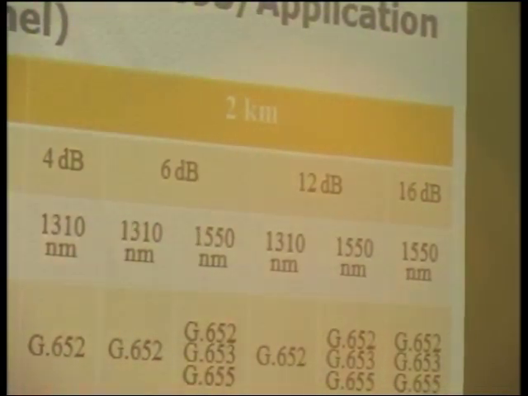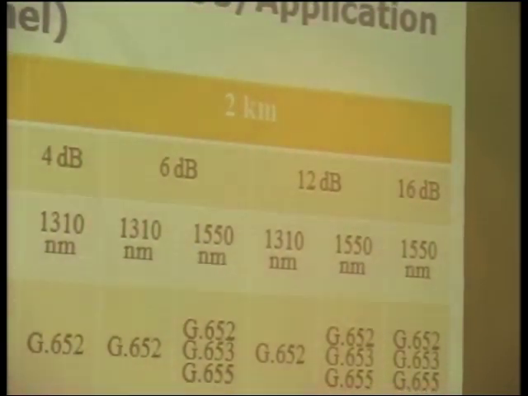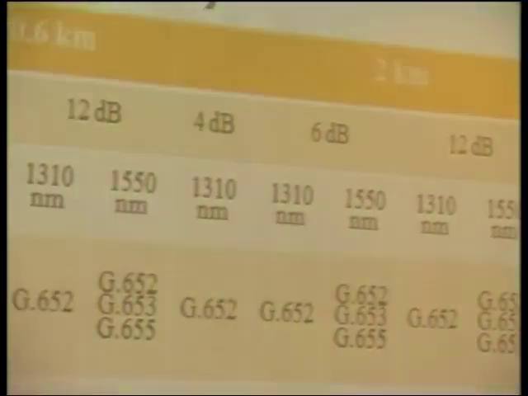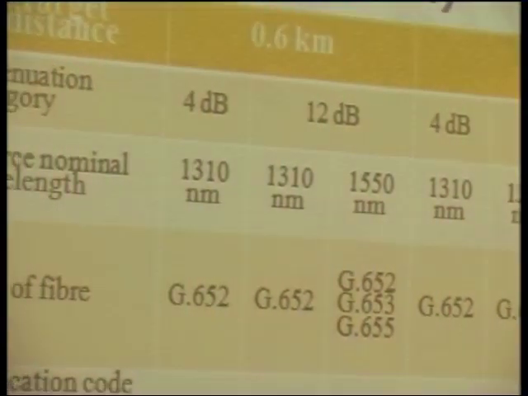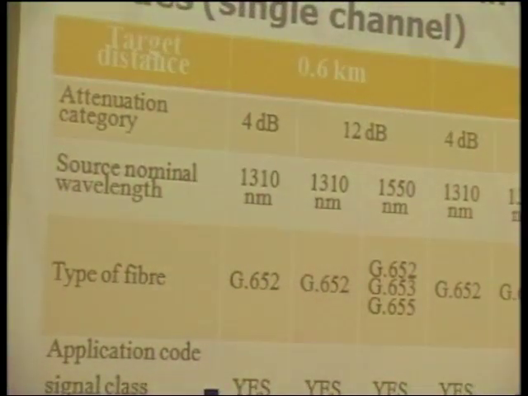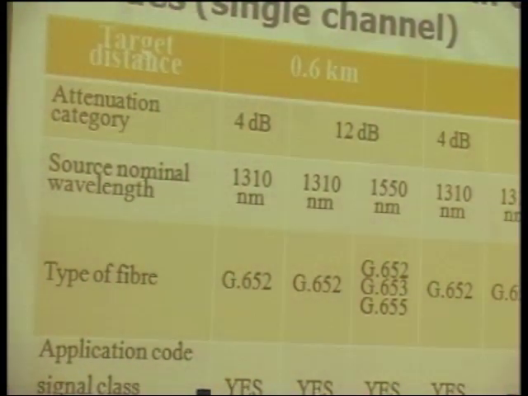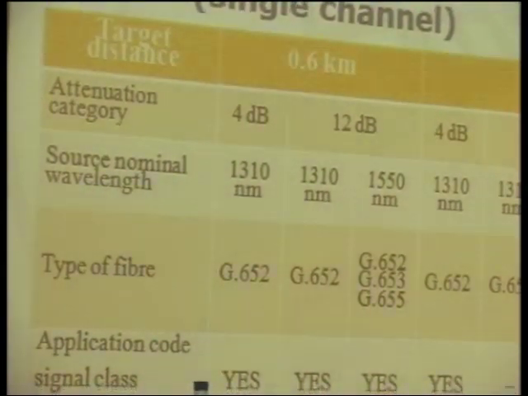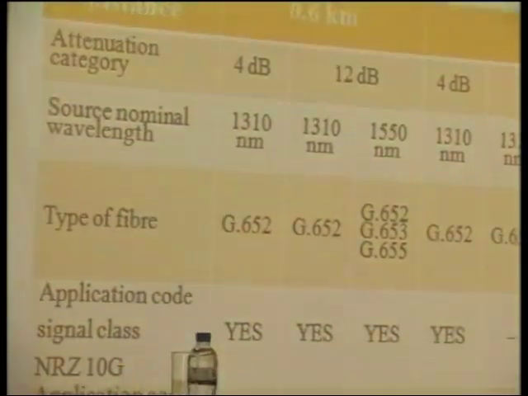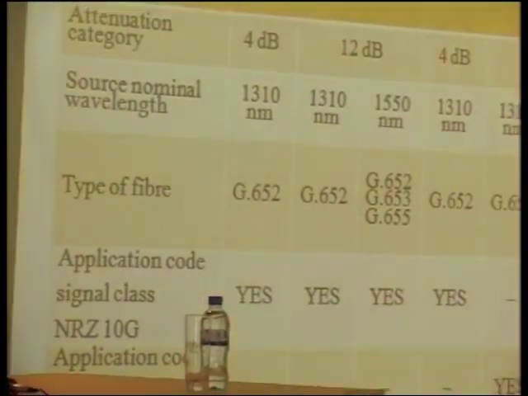Then we have the attenuation categories for 600 meters. We have only 2 attenuation categories. We miss the 16 dB, but it is not needed since you are going very close to the starting point.